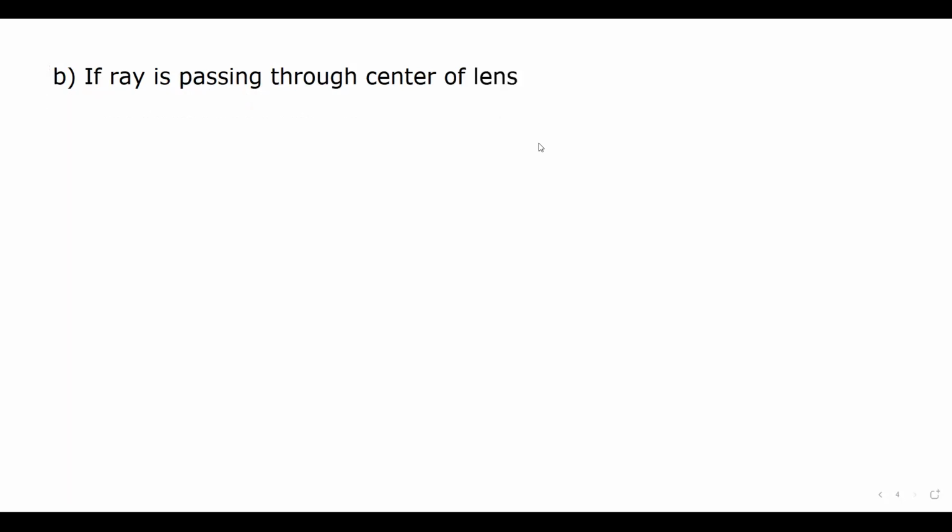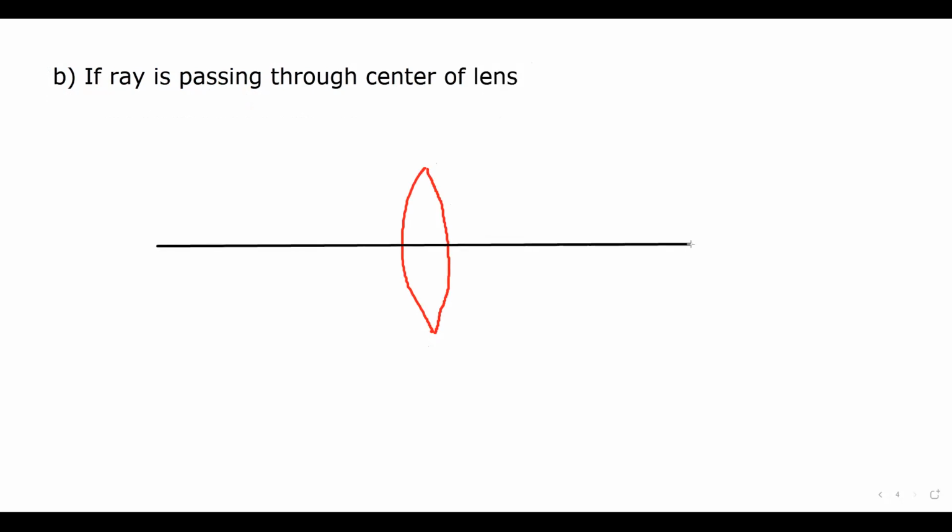For example, this is a lens, a convex lens is there, and the imaginary line which is passing through the center of the lens is known as the principal axis.